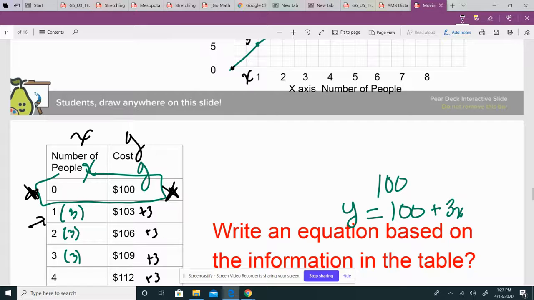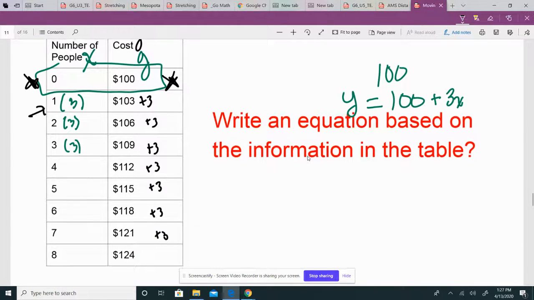And so in this case, the equation has to be that every time I look at x, I'm going to have 100 plus whatever the value of x times 3 is. X times 3, 6. X times 3, 9. 4 times 3, 12. 5 times 3, 15. But I also need to include my 100 added to it. And so that's why that looks like that.